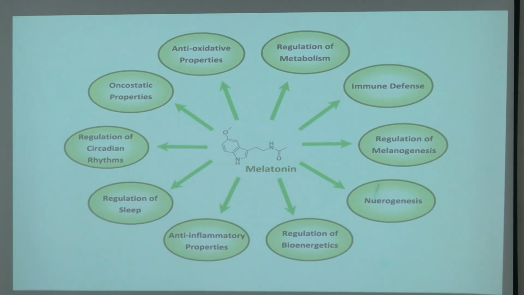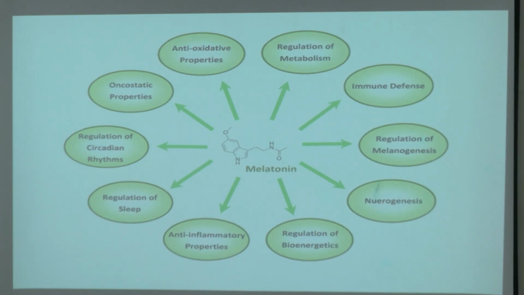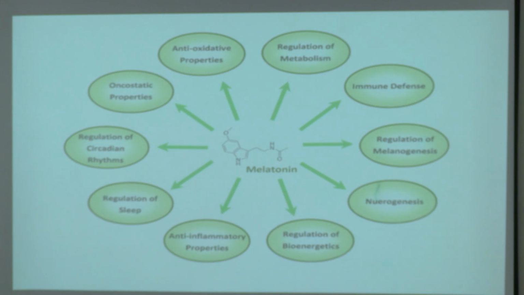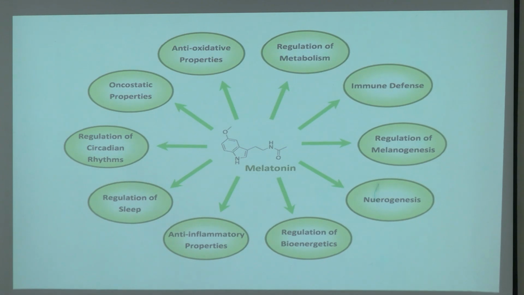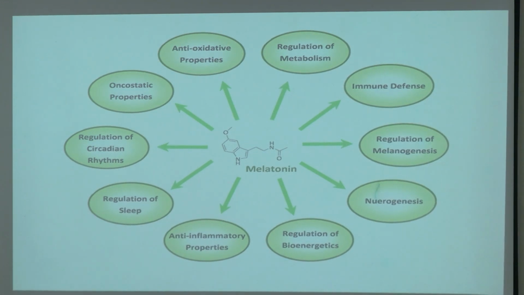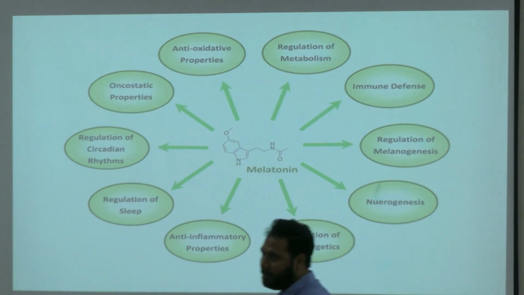These are the secondary regulations of the melatonin hormone, but we could say the primary regulatory mechanisms, or primary roles, of the melatonin hormone are these five. So in that aspect, we could say that, like other endocrine hormones, melatonin is also physiologically very, very important.